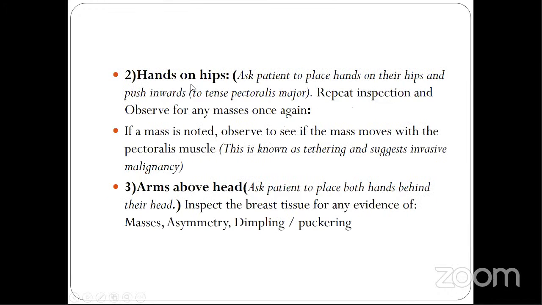Then hands on hips: we ask the patient to place their hands on their hips and push inward. This tenses the pectoralis muscle, and we repeat the inspection for any masses.